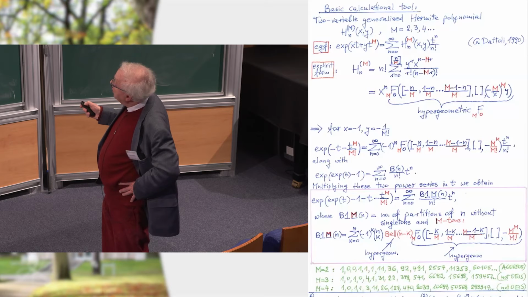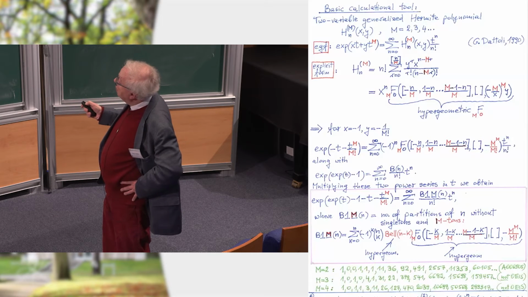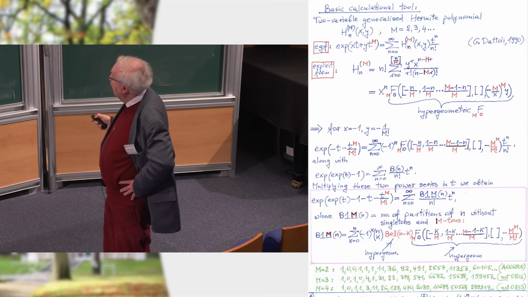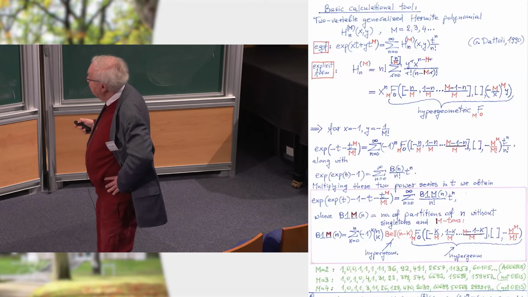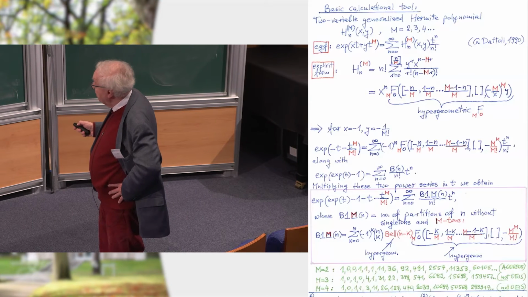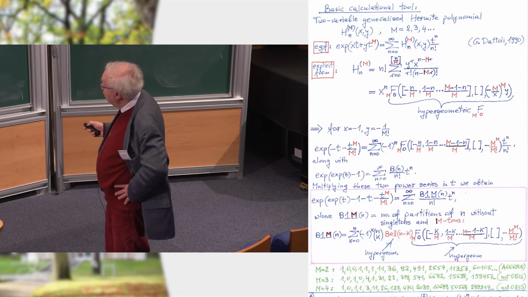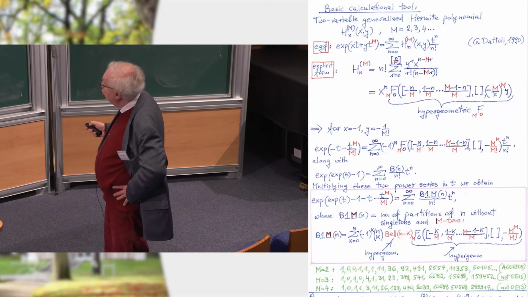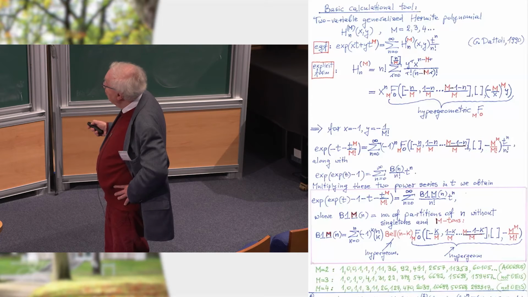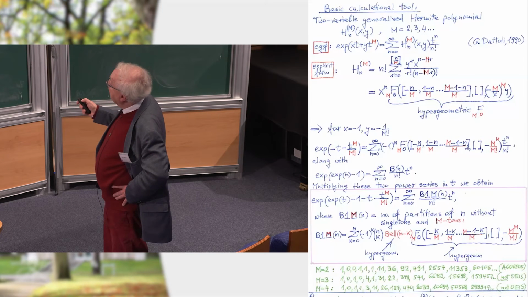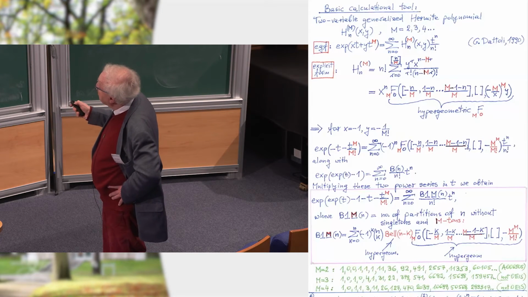So you see, in the case of classical Hermite polynomials, the relation is here. Classical Hermite polynomials correspond to the first variable equal to x and the second variable equal to -1. And now this is this extension.